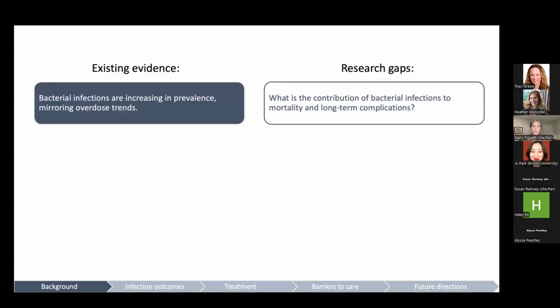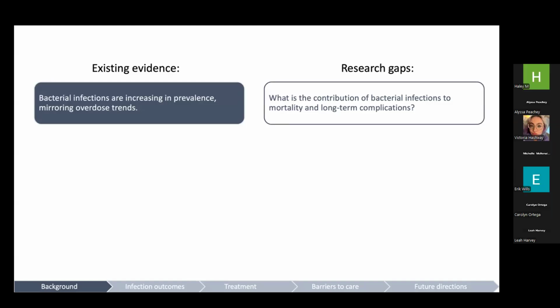Before getting into the weeds with some of these studies, there has been a lot of work conducted for a long time in this area. Going through what was known prior to exploring this research, we knew that bacterial infections were increasing in prevalence and had been mirroring overdose trends.